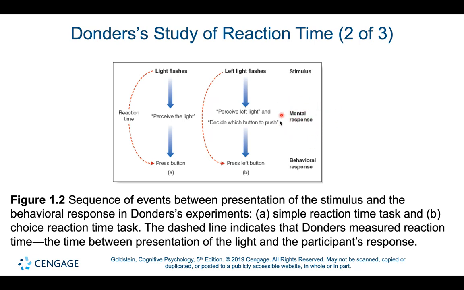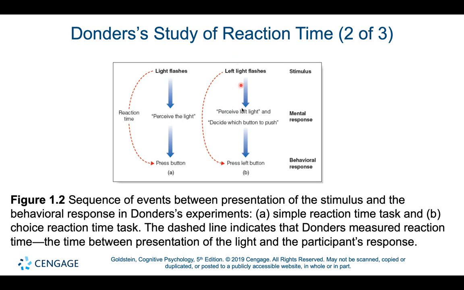What does your mind have to do to produce a behavioral response? Presumably, the mental response in a simple reaction time task, where the light flashes, I perceive the light, and then I press a button, is more simple because there's no choice that needs to be made.